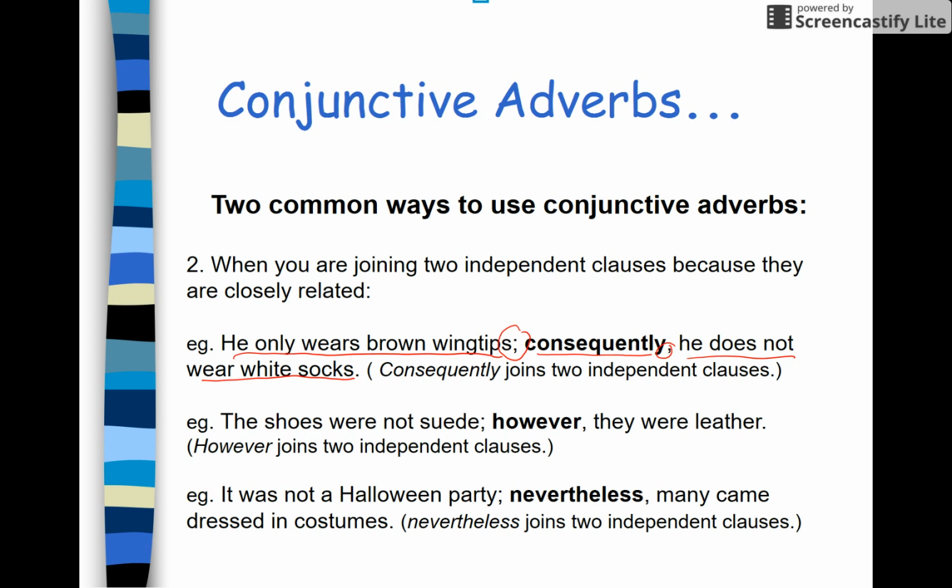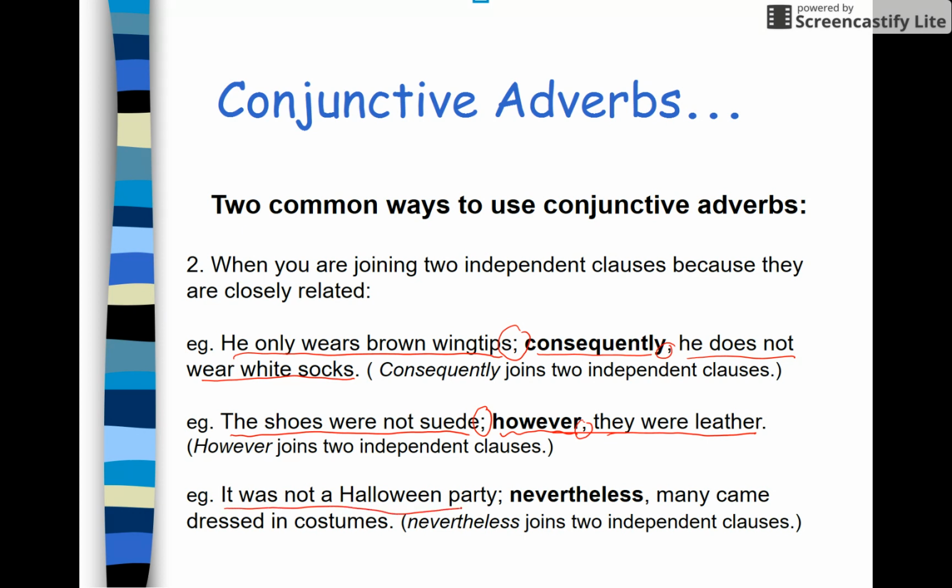The shoes were not suede; however, they were leather. First independent clause. Our second independent clause, we want to show that they're connected by using this conjunctive adverb, but there has to be a semicolon here and it needs to be followed by a comma. And with our third example, it was not a Halloween party; nevertheless, many came dressed in costumes.